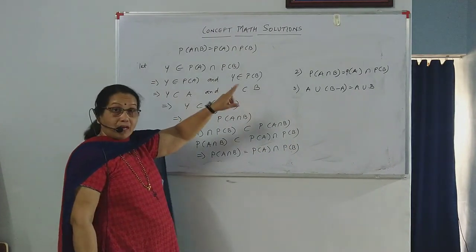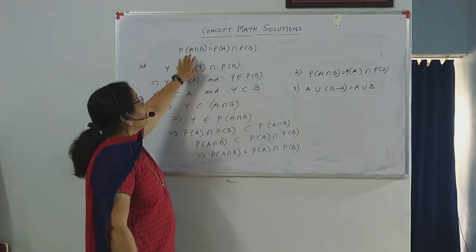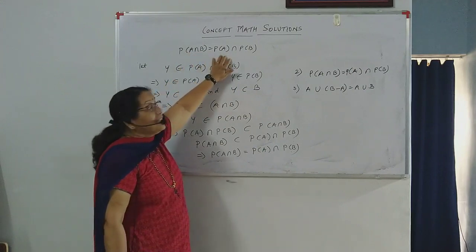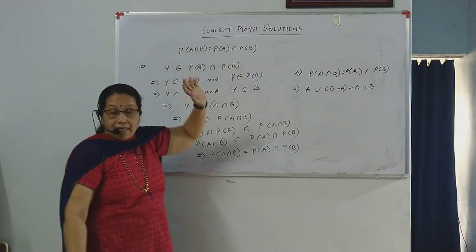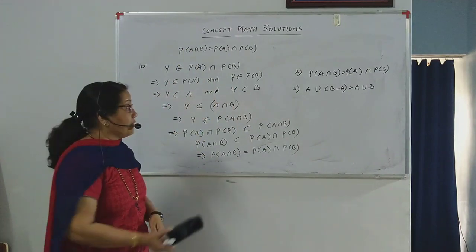That is, we have to prove equality. So what we have done, we have proven that this is a subset of this and then this is a subset of this, and that proves equality between both of them.